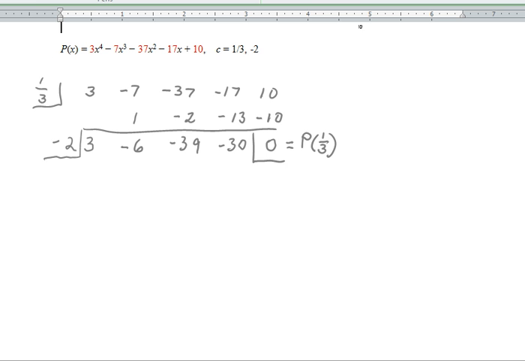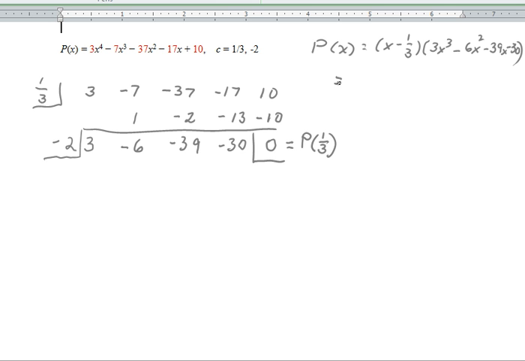And so we know that P of x equals x minus 1/3 times 3x cubed minus 6x squared minus 39x minus 30.